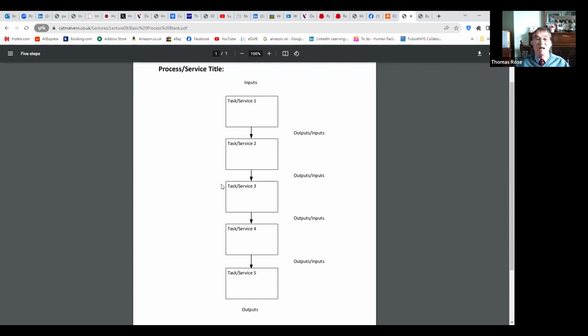They might be filling in reports and that sort of thing. But nevertheless, they're processes. So first of all, you list all of your different processes, and that's quite a difficult task. And you can use the same sort of template to list the different processes or list the different tasks within a process.